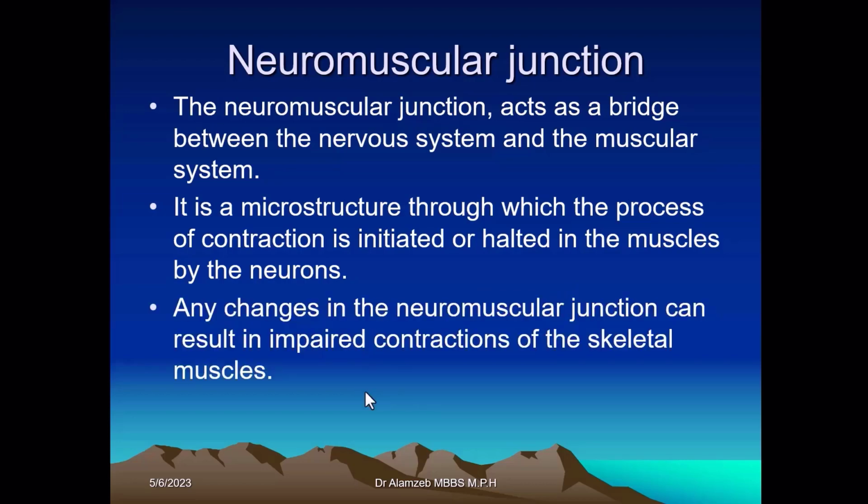Any change in the neuromuscular junction can result in impaired contraction of the skeletal muscle. When there is any abnormality at the neuromuscular junction, it can impair the contraction of the skeletal muscles. These abnormalities may be due to drugs, disease, or toxins.